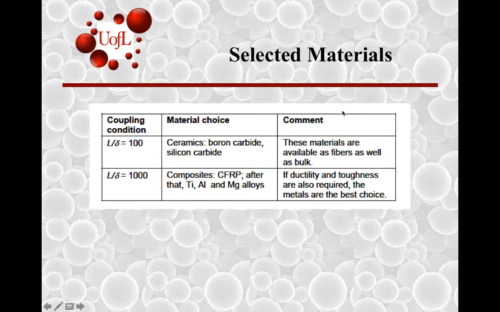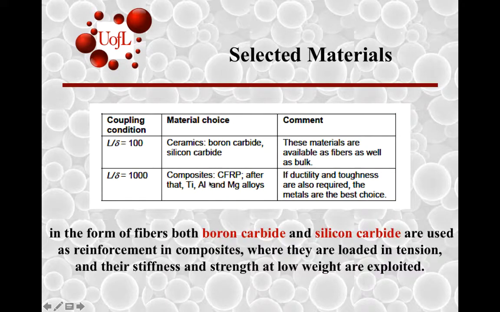It turns out that these ceramics work out great as fibers, and oftentimes silicon carbide fibers are mixed with aluminum alloys to make tie rods. And that is often used in automotive applications, so that you get a little bit of the best of both worlds.